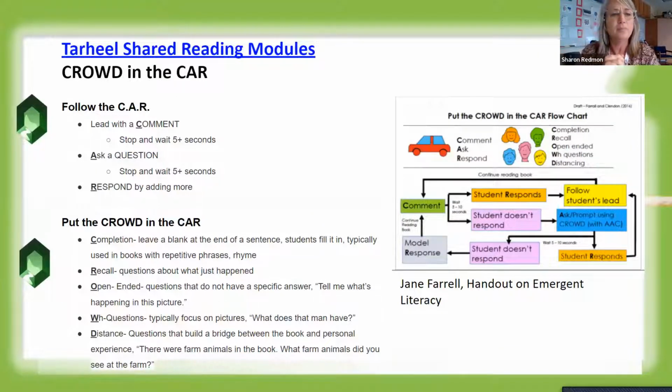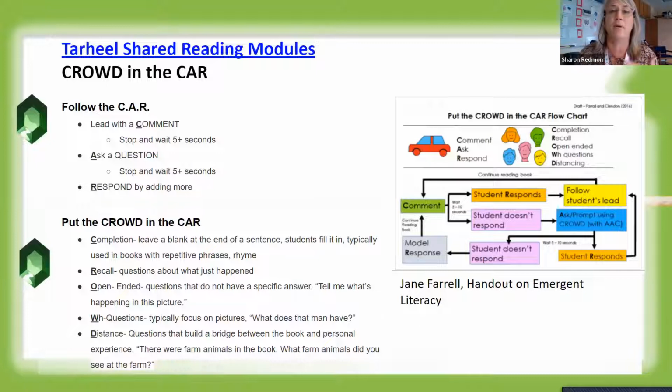When I would lead with a comment and wait, and then ask a question and wait, wanting them to respond, I wasn't getting that active participation.